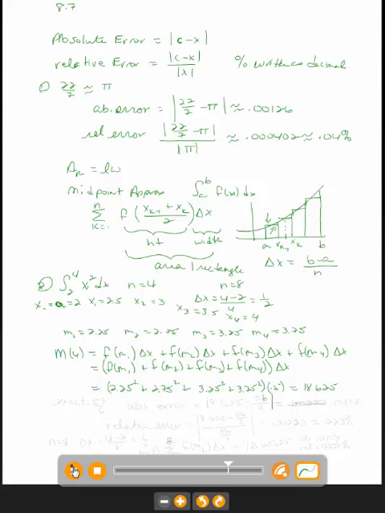So for the exact area, we could integrate this and get the exact area, and the exact area is 56 over 3. So if I'm trying to find the absolute error, I would get 18.625 minus 56 over 3.